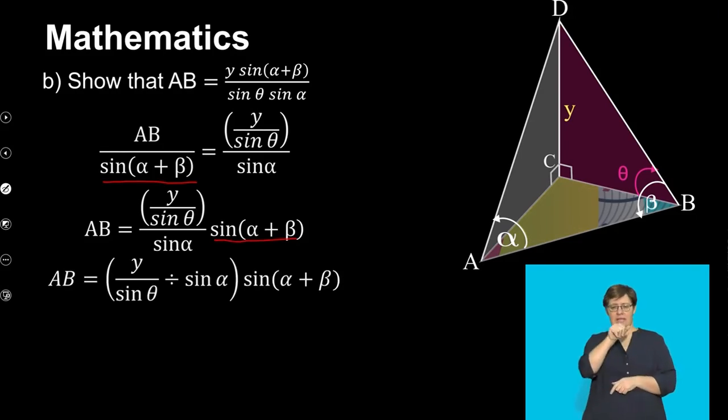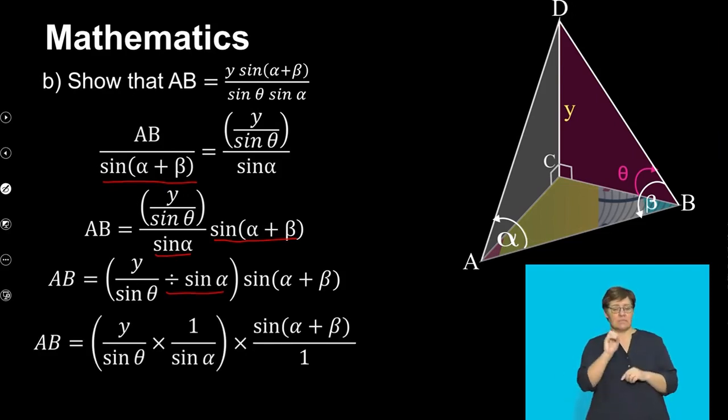Now we're going to do a little bit of cleaning up. So this becomes y sine theta divided by sine alpha. A division can become, you invert and multiply, so it becomes times 1 over sine alpha.